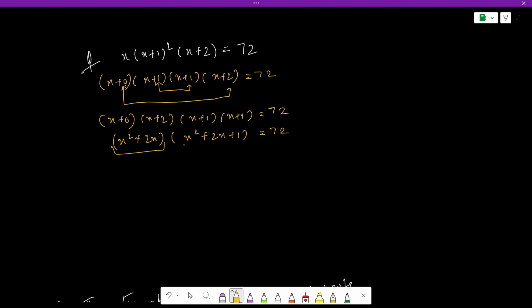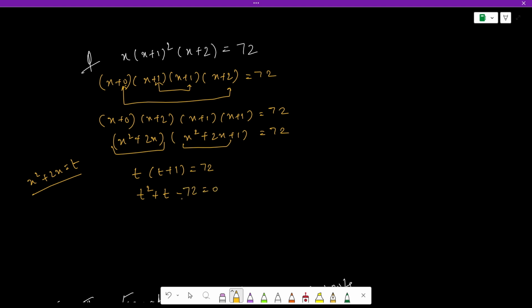Here now we can see this common expression, so substitute it. So x square plus 2x equals t, so this is t into t plus 1 equals 72. T square plus t minus 72 equals 0.